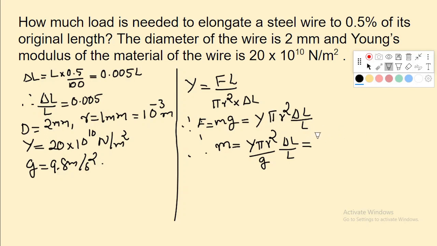So let us write 20 into 10 raised to 10, pi 3.14, radius 10 raised to negative 3 whole square, delta L by L is equal to 0.005, whole divided by 9.8.